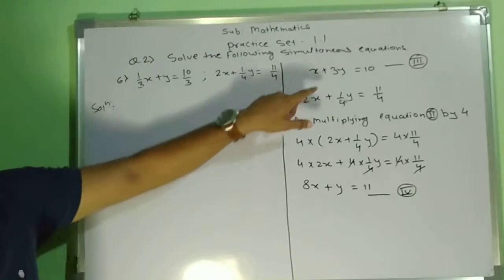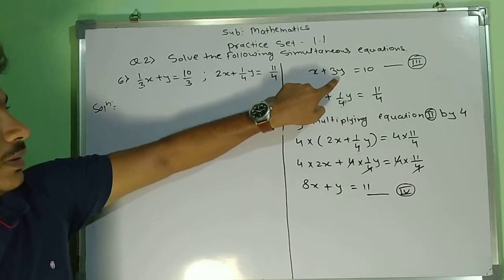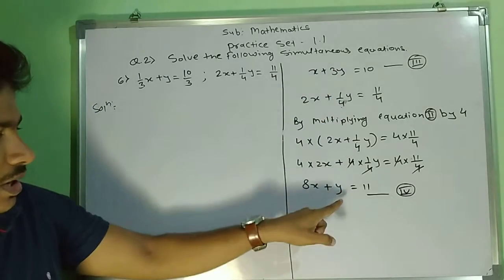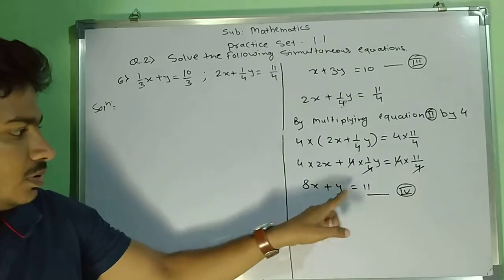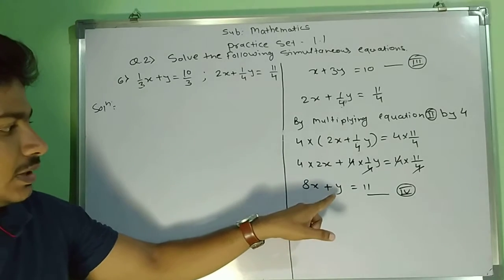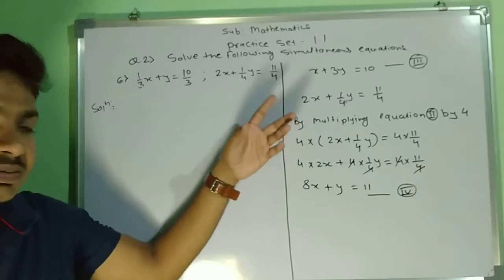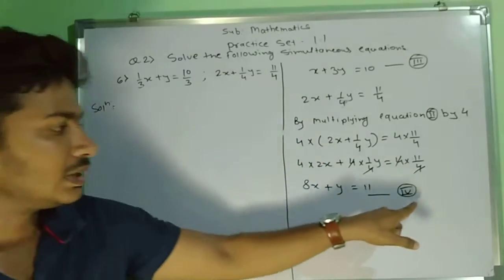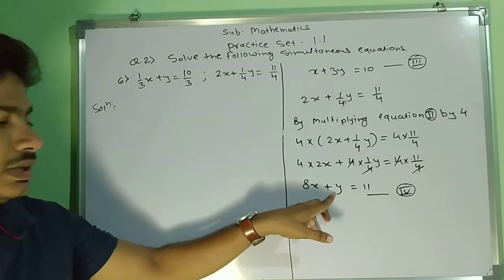In equation number 3, the coefficient of y is 3, and in equation number 4, the coefficient of y is 1. So if we get 3 over here, then we can subtract the equations and get the value of x. If we multiply equation number 4 by 3, we can get 3 over here easily.